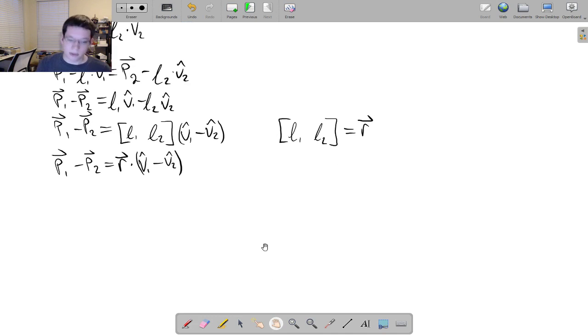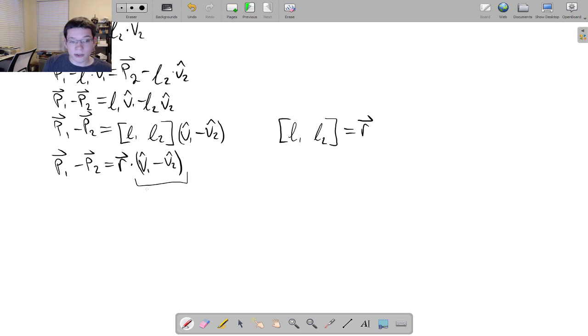Now you'll have to put on your linear algebra thinking cap again. We're interested in R by itself, not this whole nonsense. So we're going to take this and quote-unquote divide by it.